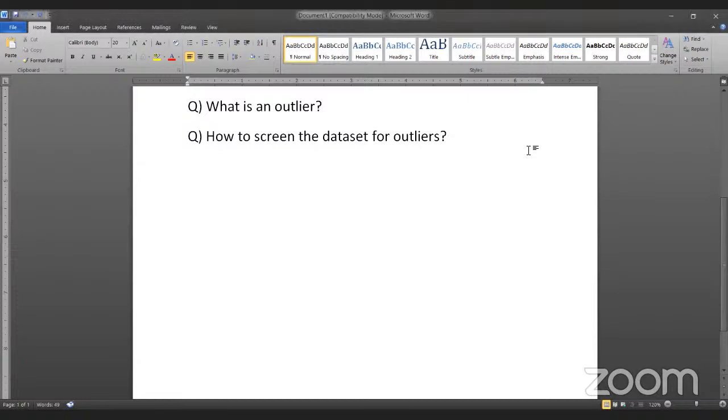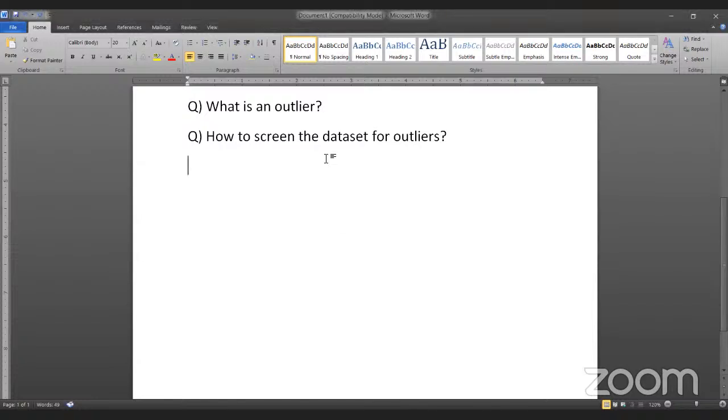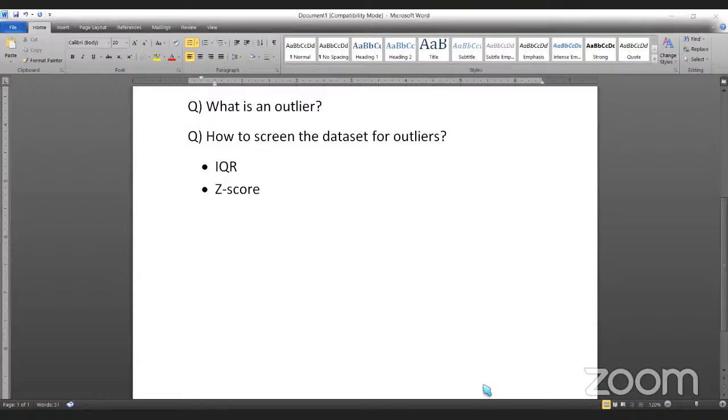For this, there are two methods. First is using IQR, or using standard deviation, or we can say Z-score. IQR, we know box plot.